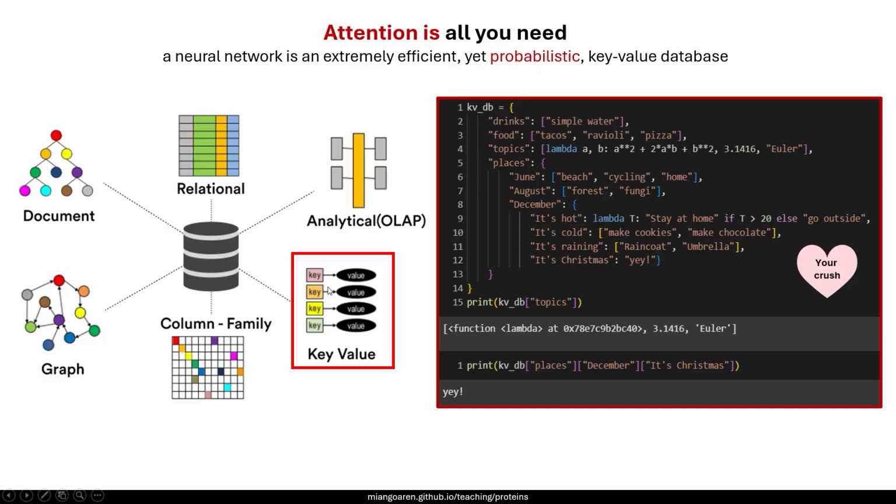It is not deterministic like the key-value databases that we program, like the one I programmed here with this Python dictionary. Rather, it is probabilistic, and it operates using keys, keywords, and values, which is the information associated with that keyword, because it is a specific topic, right?